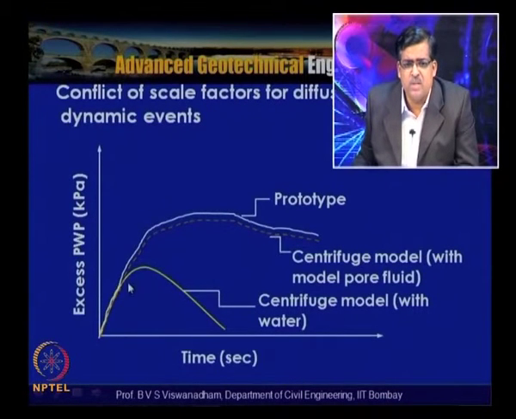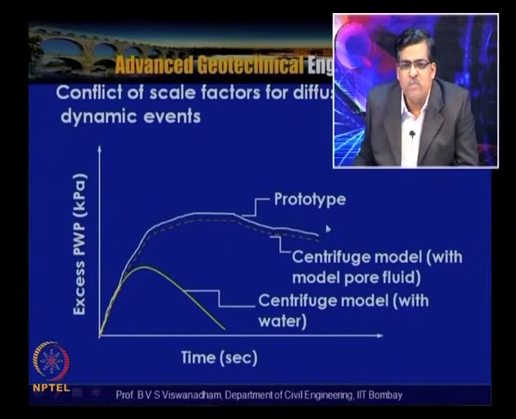Then what will happen is that there is a partial rise of the excess pore water pressure, and then a rapid dissipation of pore water pressure takes place. In principle, in the prototype, when you really monitor this, it is difficult to get this data, but if you have the excess pore water pressure recorded with time in the prototype at a location at the onset of, say, an earthquake, then there will be a rise up to a certain level to the target desired total stress, then dissipation.